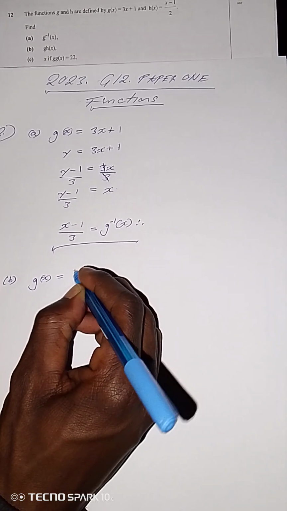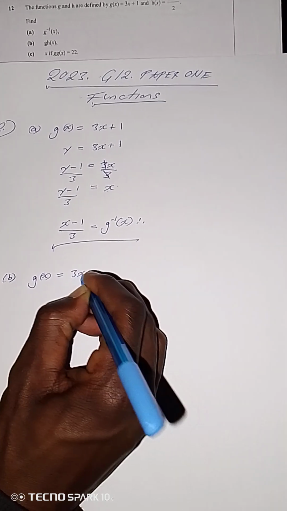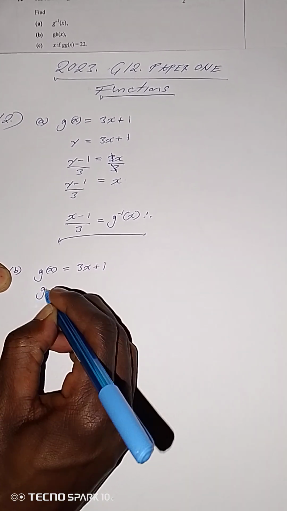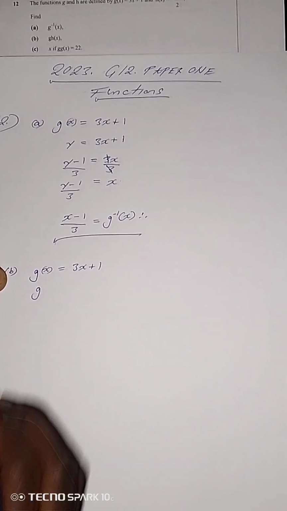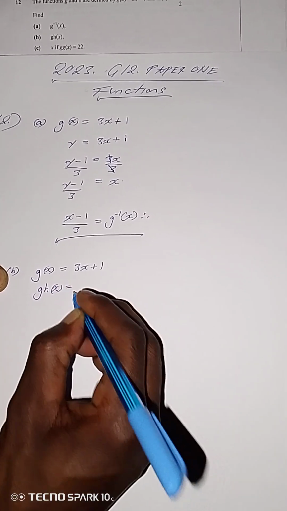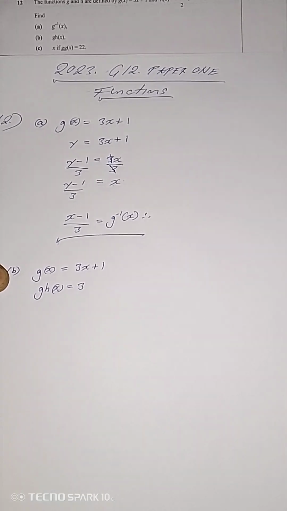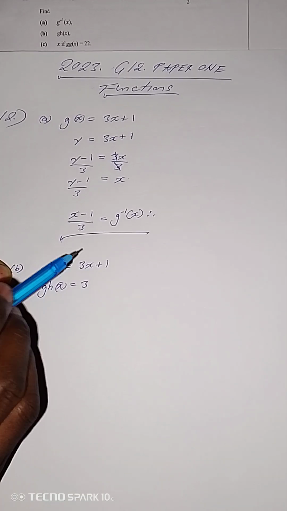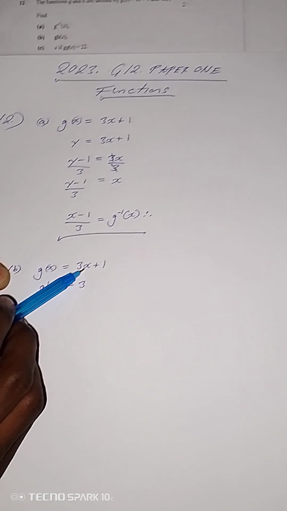which is 3x plus 1, and then you put in h. So you combine now the two, because you are putting h now. So you put h in the function of g where there is x here.